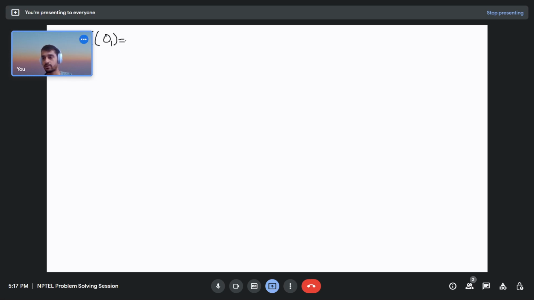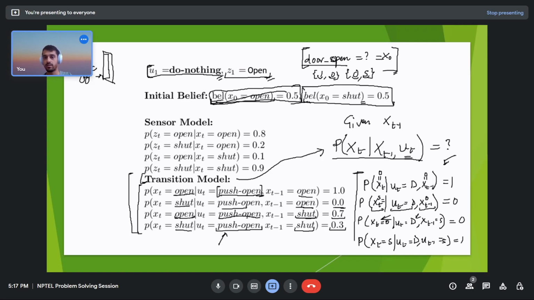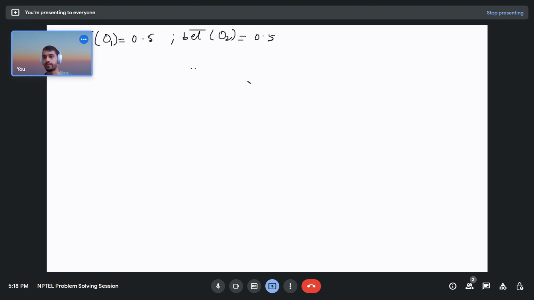O1 remains the same, and similarly O2 also remains the same. But now we had said that your sensor reports that it is open, so now we need the updated belief after the measurement.